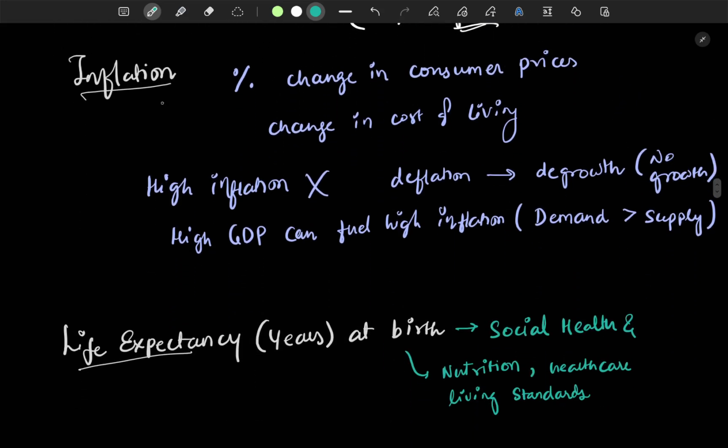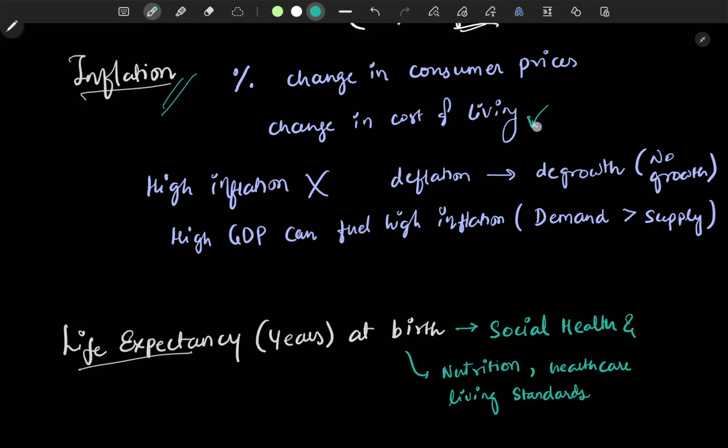Inflation. What is inflation? I mentioned that it is the percentage change in consumer prices. It also signifies the cost of living of a particular city. For example, inflation in Delhi is very high, meaning prices of goods and services are very high in Delhi compared to rural areas. The cost of living in Delhi is typically much higher and you have to earn much more in order to survive there.